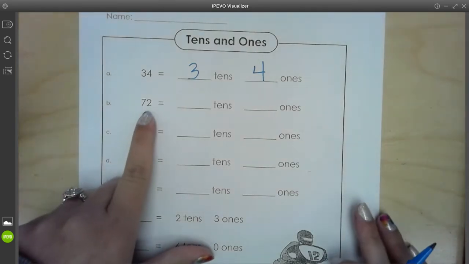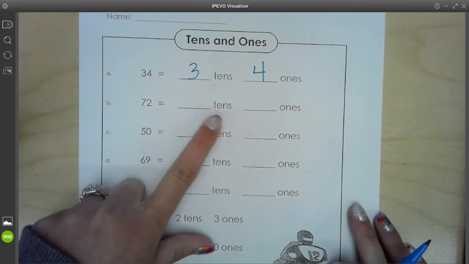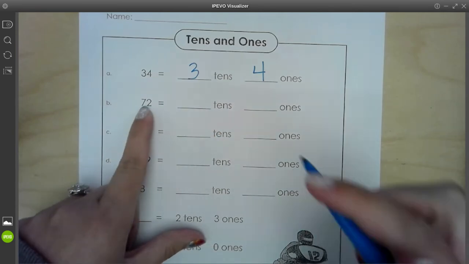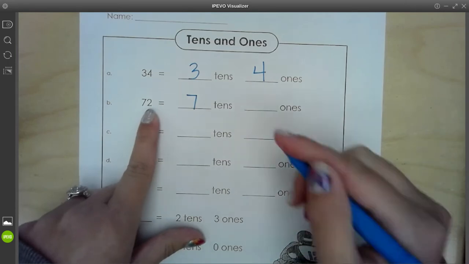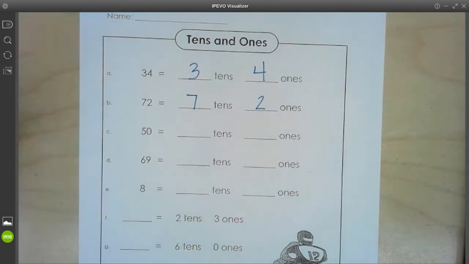Next number we have is 72. If we look in the 10 spot, we have 7 tens, and in the 1 spot, we have 2 ones. So 72 has 7 tens and 2 ones.